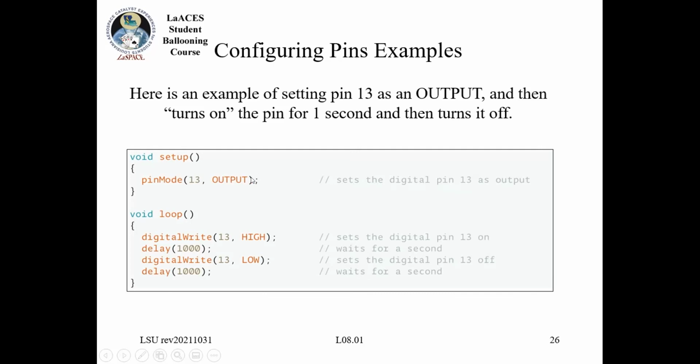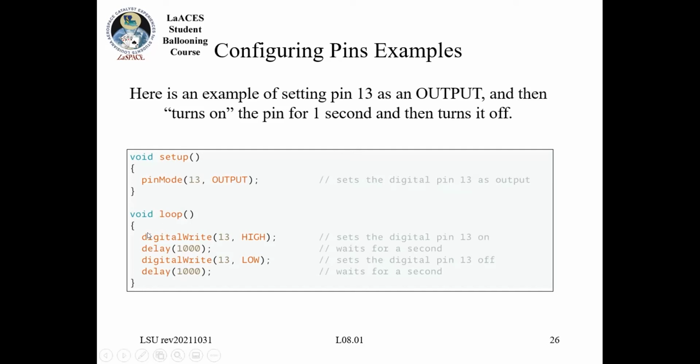Now, if you really wanted to know, this OUTPUT actually will have a numerical value. I don't remember what it is off the top of my head, but this is basically a constant that's defined within the IDE, so you don't have to remember what number you're supposed to set for output, right?